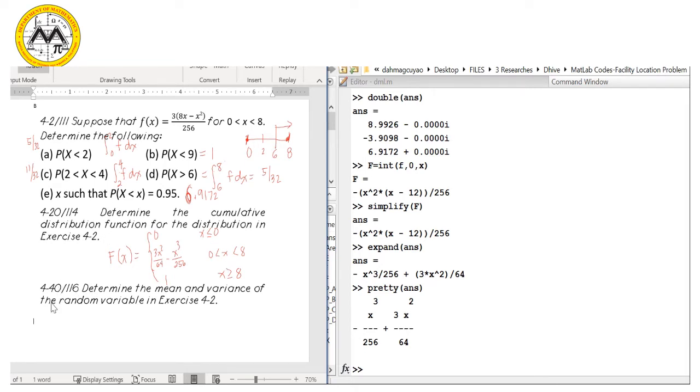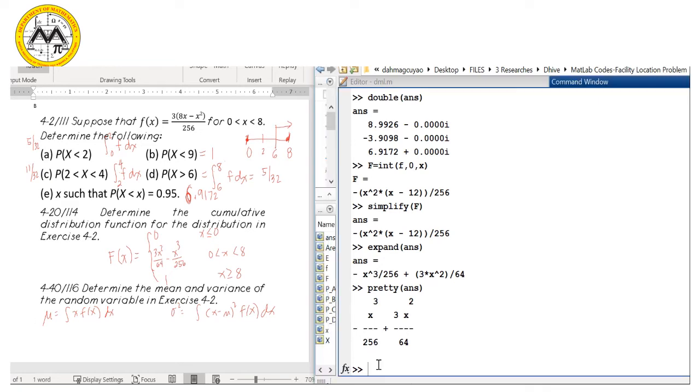For the mean, it is the integral of x f of x, while the variance is the integral of x minus mu squared f of x dx. So for the mean, it would be the integral of x times f of x from 0 to 8.